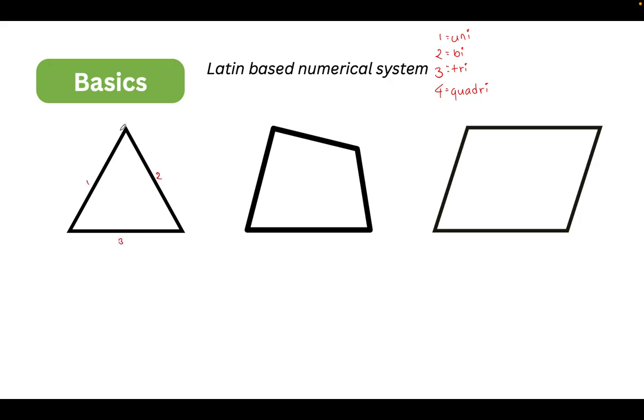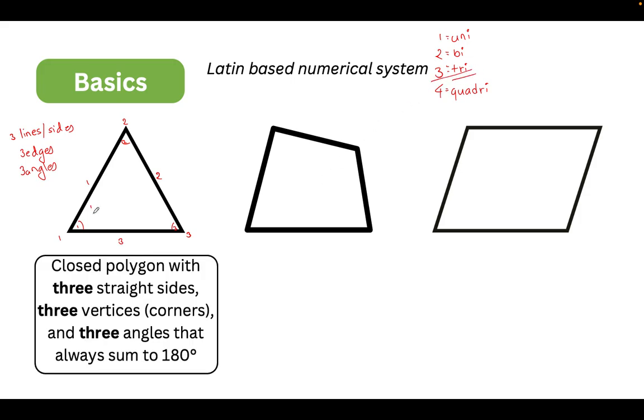We have three edges as well: first edge, second edge and third edge, and we also have three angles. So we have three lines, or what we call sides, three edges and three angles. So 3 is tri, so this is called a triangle.